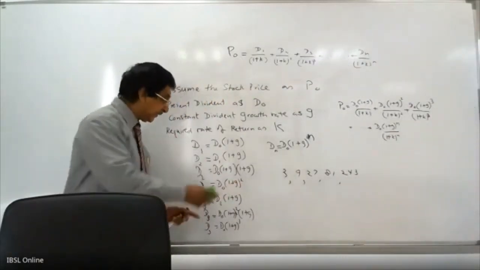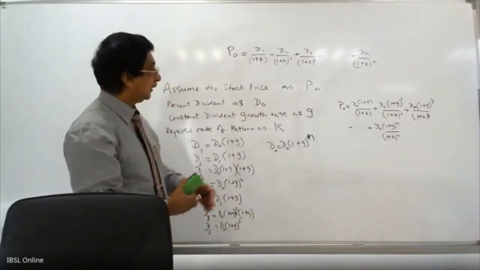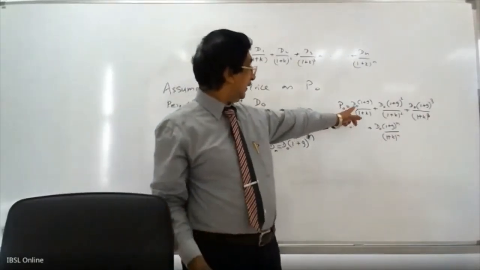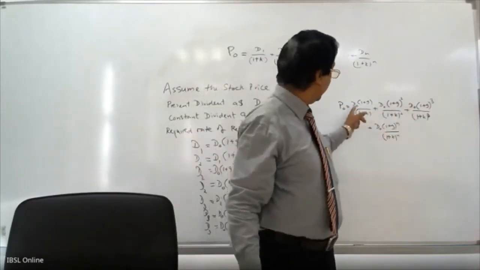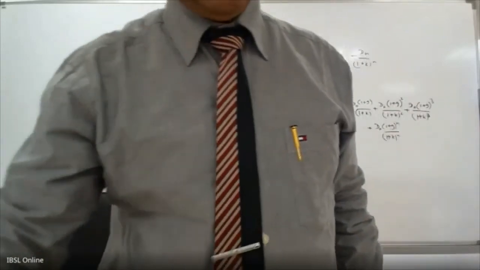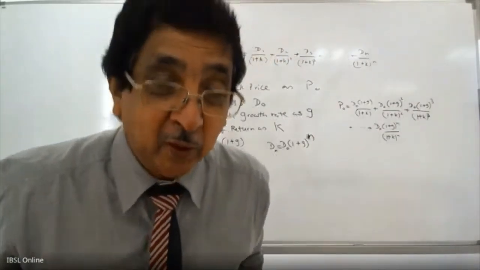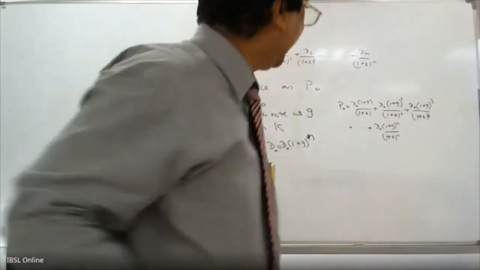Is it okay to erase these things? Right. Then again, for each of these terms, you have D0. What you can do is, you can take out D0 because D0 is common for all.